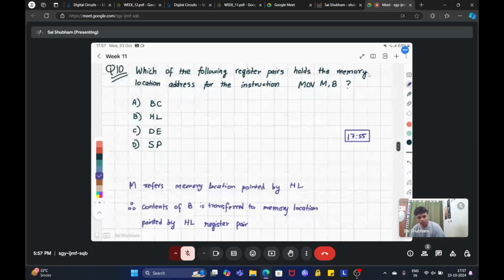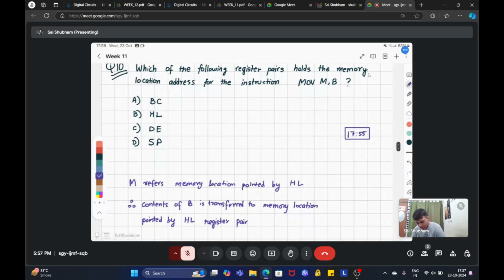So let's discuss the solution. The M refers to the memory location pointed by H and L. Therefore, the contents of B are transferred to the memory location pointed by the HL register pair. So M is represented by the memory pointed by H and L.